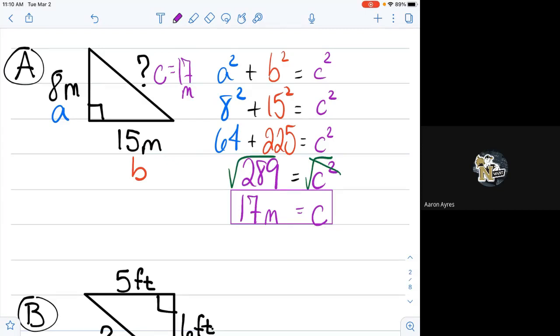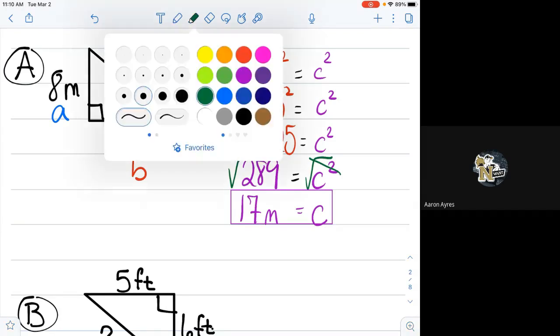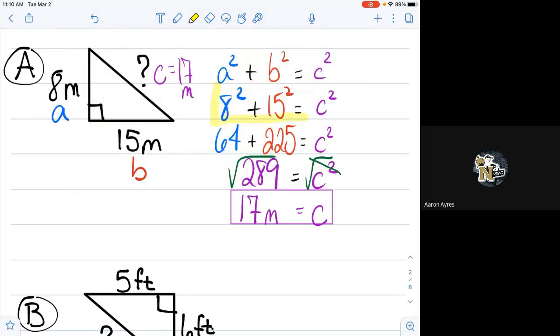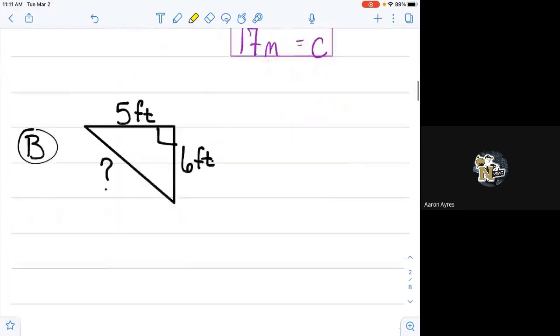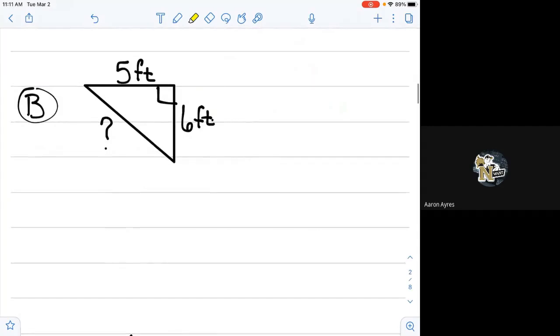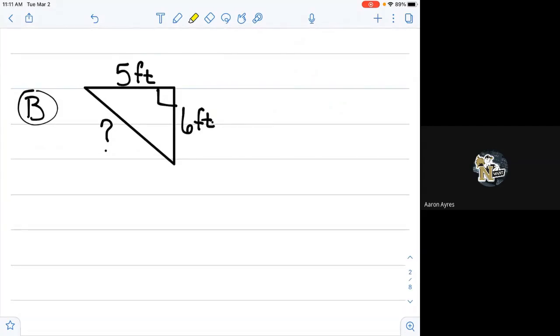If you want me to check your setup of your equation, where you plug in the numbers, for problem B, I'll be glad to do that before you start working it out. Otherwise, I want you to try the next one. Here it is. What's the length of the question mark? And don't worry about the final answer. We'll talk about that together in just a second.